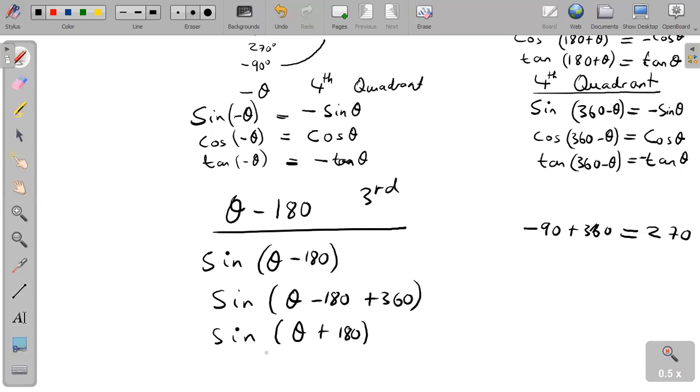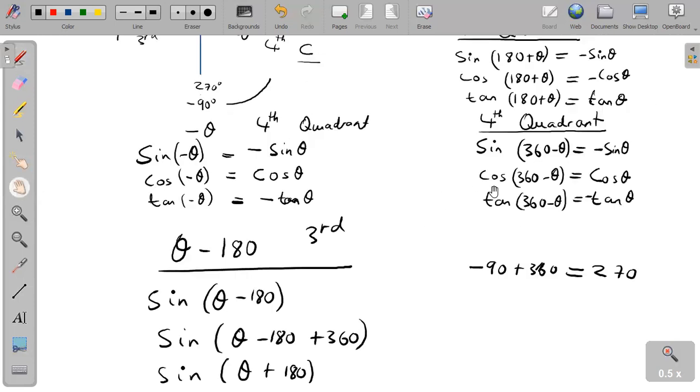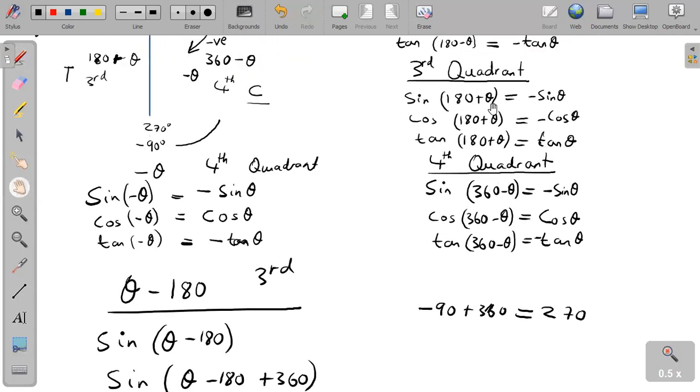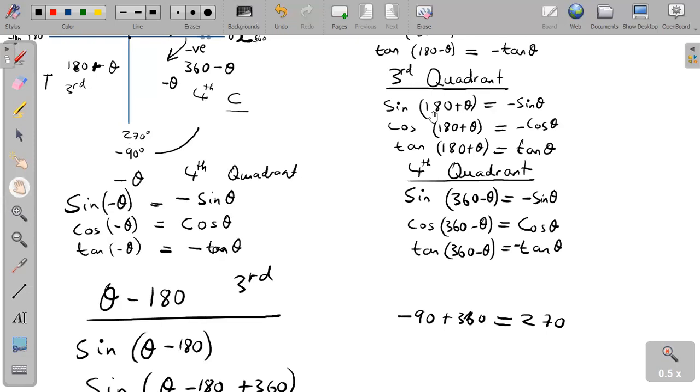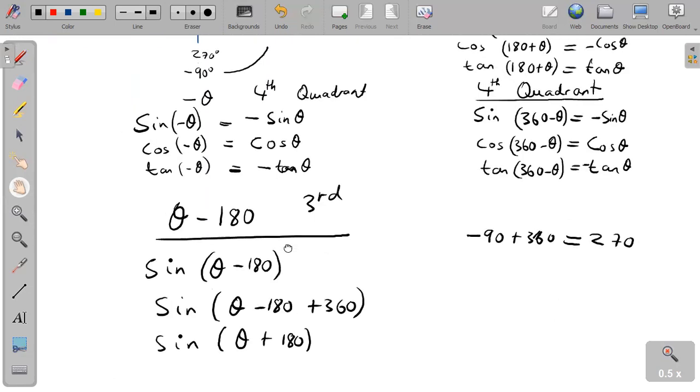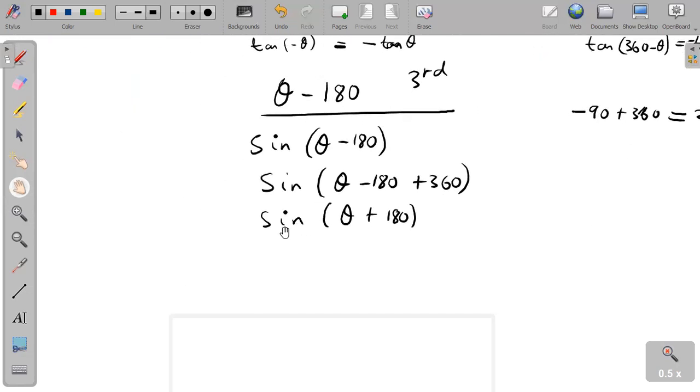Looking at the positive angles we have established, where is theta plus 180? Theta plus 180, which is also 180 plus theta, is in the third quadrant. And what do we understand in the third quadrant? We understand that sine is negative. Sine of 180 plus theta is actually negative sine theta. So therefore, it follows that sine of theta plus 180 that we've established is indeed equal to negative sine theta.